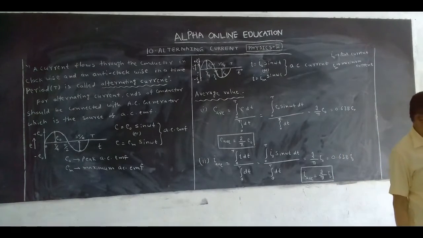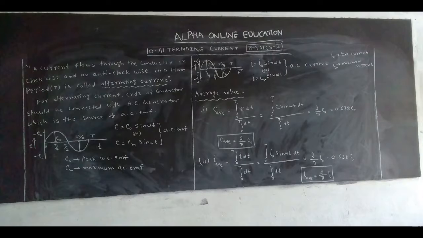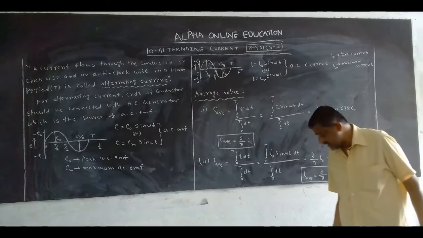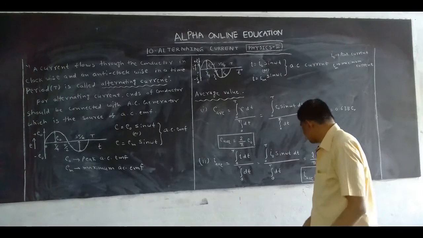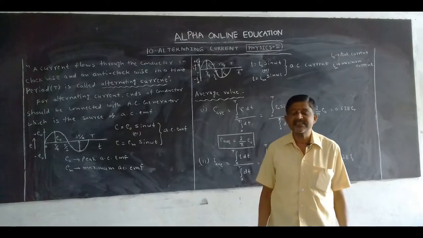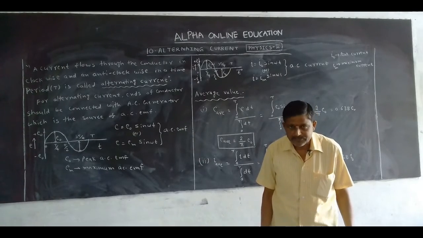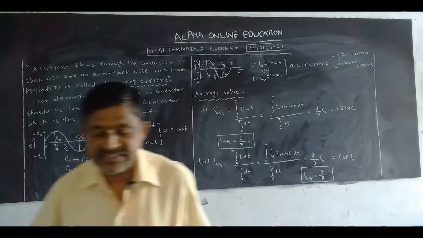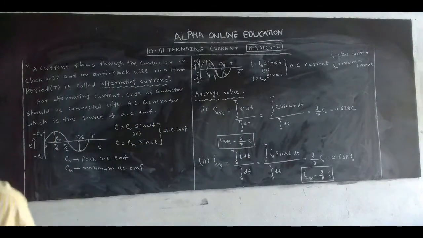So what is the average AC current in a time period? The average AC current in a time period is 2 by pi times its peak value. Okay, this is the average value of AC EMF and AC current.